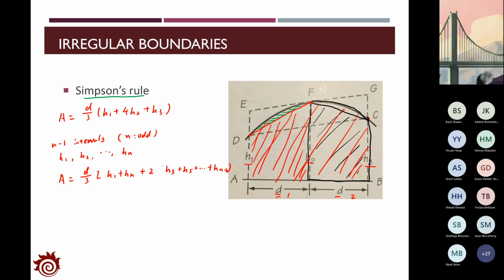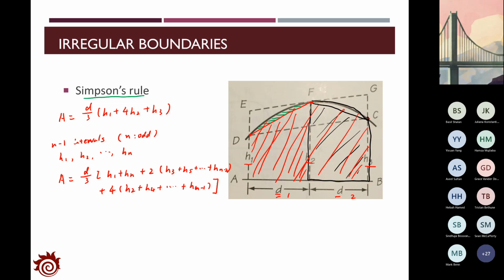So that's for the heights with the odd index. And for the heights with the even index, that will be 4 times (H2 plus H4 until you get Hn-1).